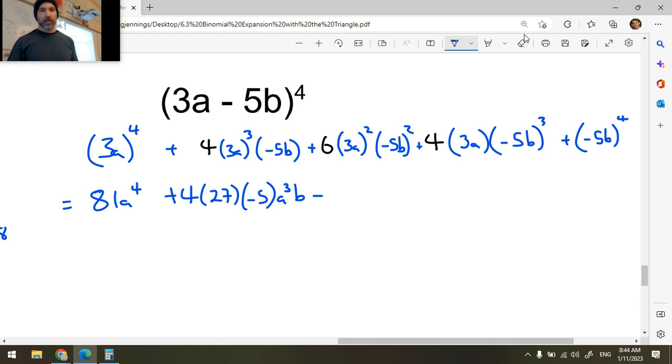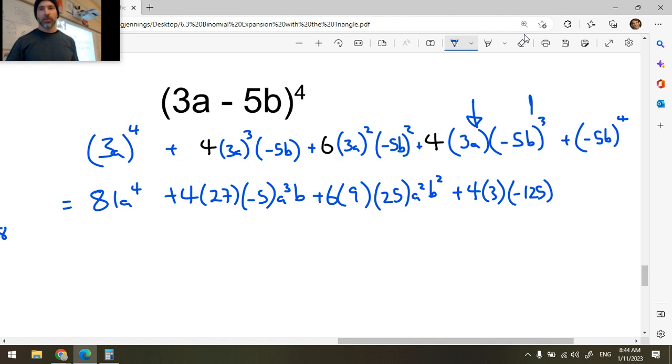So I'm going to have plus 6 times 3 squared is 9 times negative 5 squared is 25. A squared b squared plus 4 times 3 times negative 5 cubed. Negative 5 cubed is negative 125. And that's going to be an a b cubed. And then this is going to be plus as well because negative 5 to the 4, there's 4 negatives, so that's going to be a positive. Negative 5 times negative 5 times negative 5 times negative 5 is positive 625.